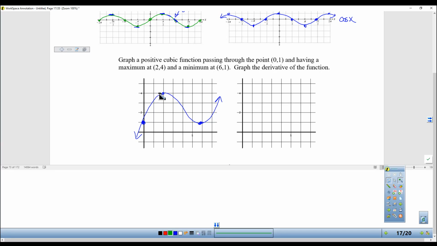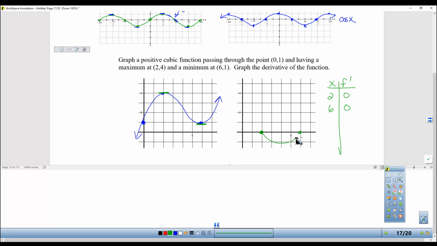Yes. You know on this derivative graph, when x is equal to 2, the derivative is 0. And when x is equal to 6, the derivative is 0. And what is it in between there? Negatives.